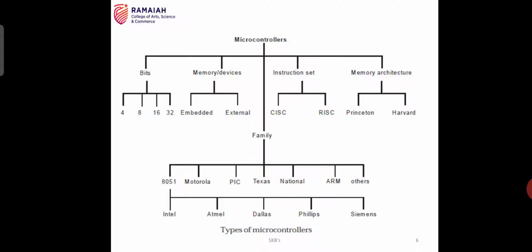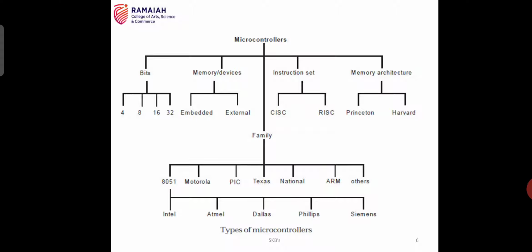So what is this word length? Word length means the size, or maximum number of bits, that can be handled by your microcontroller. If a microcontroller is able to handle 4 bits of information at a time, that is called a 4-bit microcontroller.